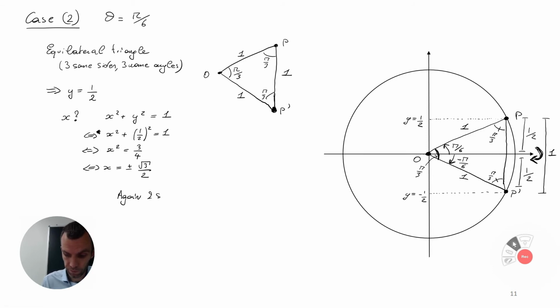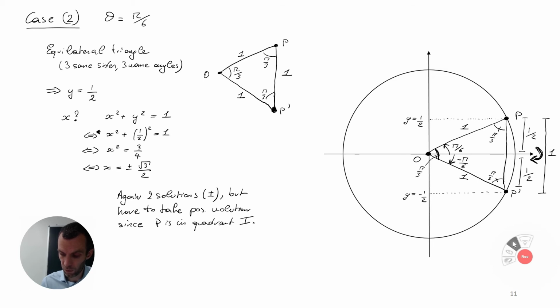So again, two solutions, plus and minus, but we have to take the positive solution since P is in quadrant 1. And therefore, we have that P has coordinates square root of 3 divided by 2, 1/2.